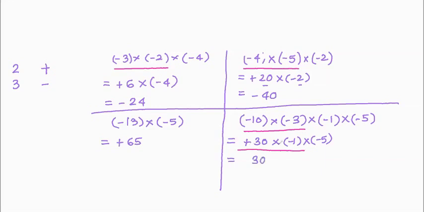Signs, one plus, one minus, different signs result into minus. Minus 30 multiplied by minus 5. Multiplying the weights, 30 into 5 is 150. And the sign is minus and minus. Same sign results into positive sign, plus 150.